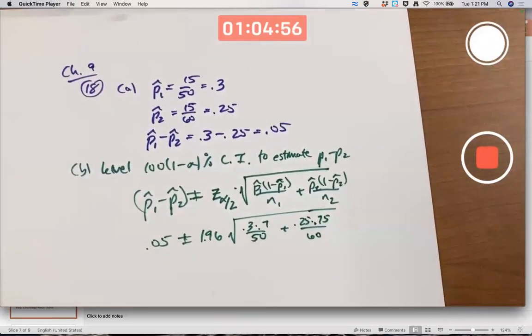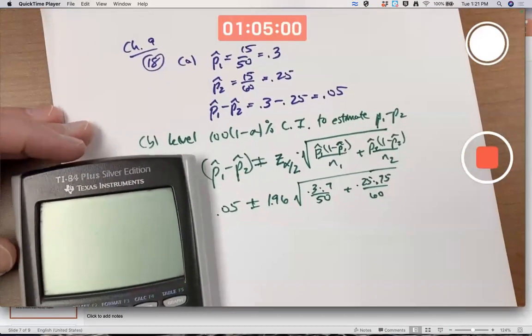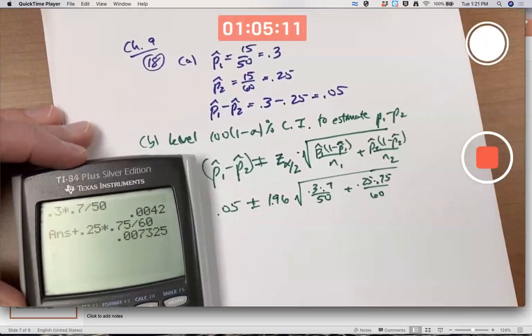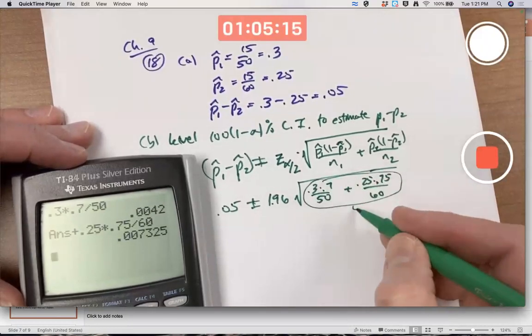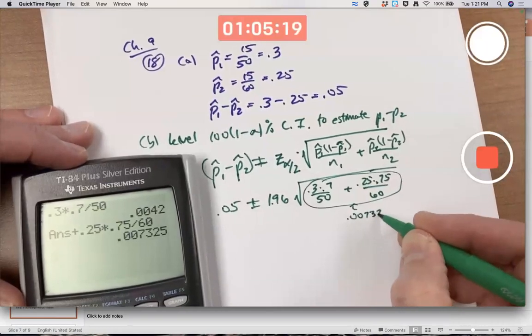You know, the biggest thing with these kinds of problems is just not making a mistake at this point. There's the thing under the square root. If you want to get as much partial credit on an exam as possible, go ahead and write that that's 0.007325.